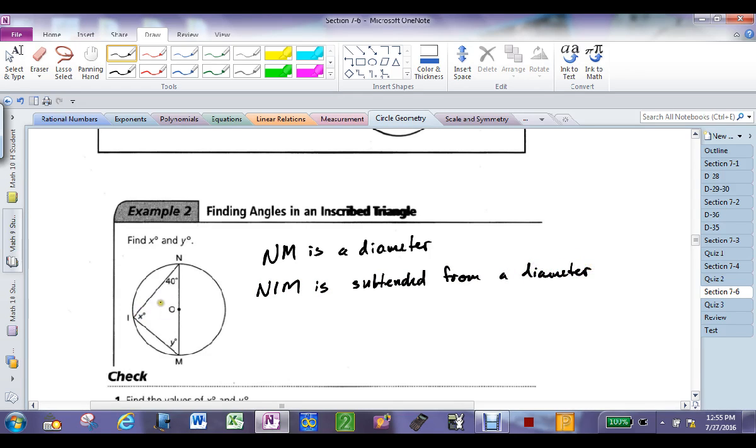Which makes X what angle? 90 degrees. If X is 90, then what's Y? Y. Right, because triangles are supplementary.